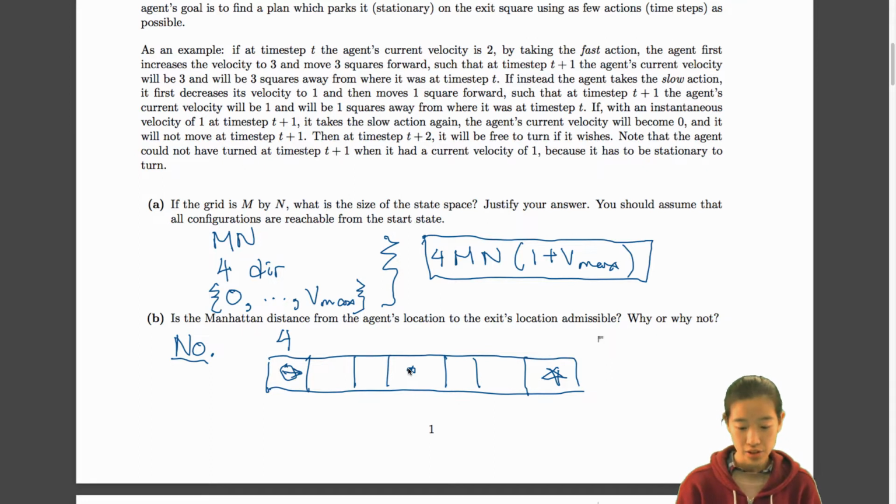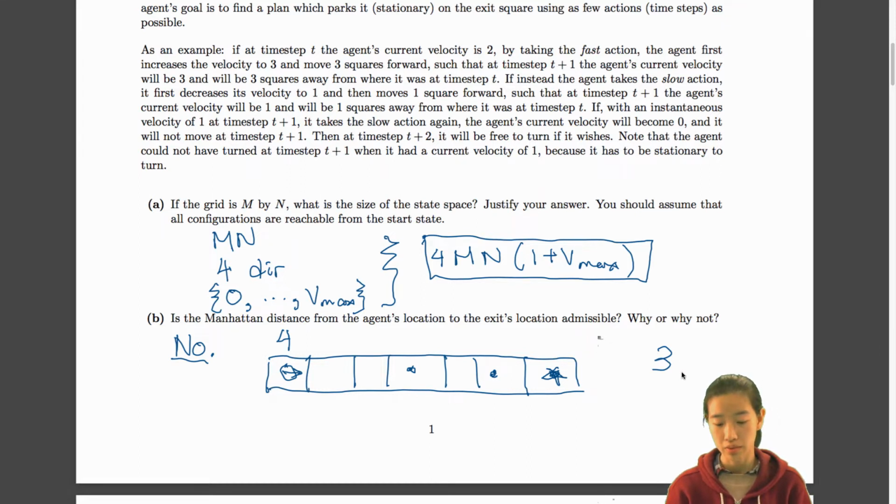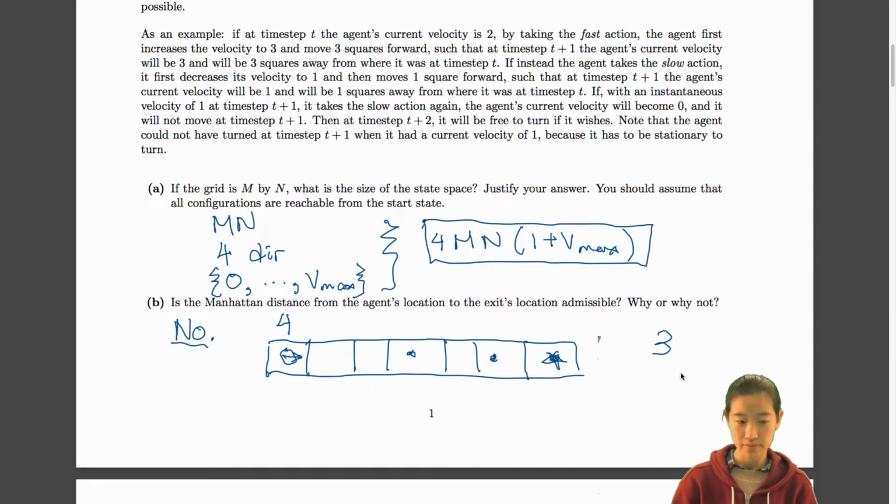It does another slow action, it's going to end up here. It takes another slow action, it ends up at the goal. And then it takes a slow action, it ends up with velocity 0. So how many steps did that take? That only took 3, versus the Manhattan distance. The Manhattan distance was 6, which is not less than or equal to 3. So in this case, Manhattan distance is not admissible.